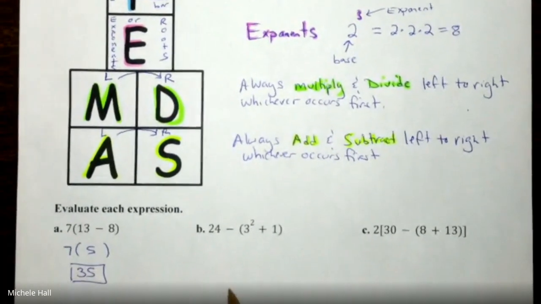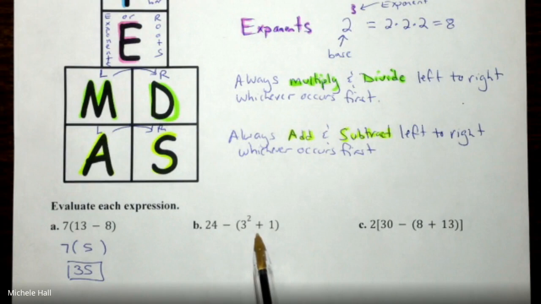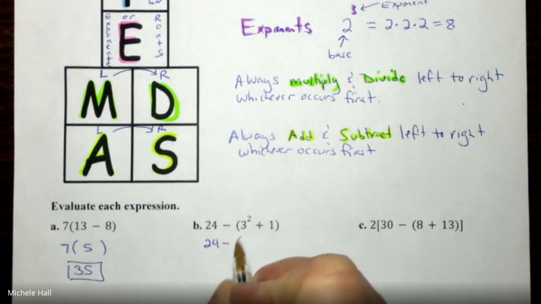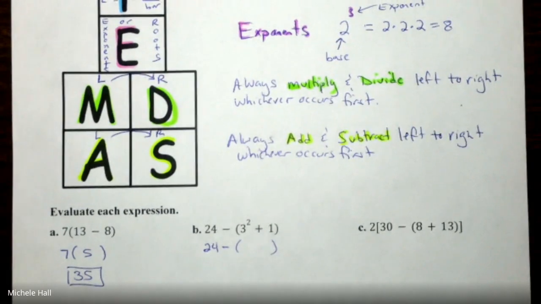Problem B. Are there any parentheses? Yes. I'm going to start within the parentheses. I have 24 minus. And now when I look in the parentheses, I do the order of operations. Are there any parentheses in the parentheses? No. Are there any exponents? Yes.